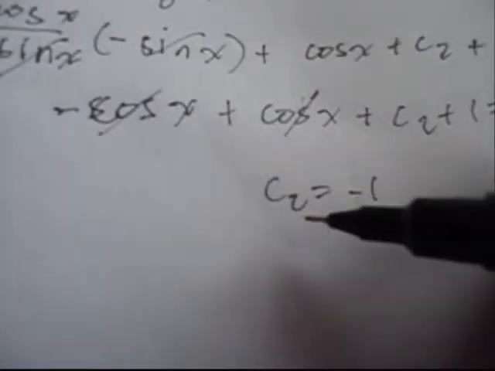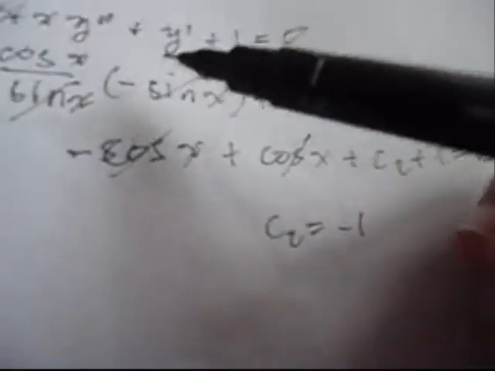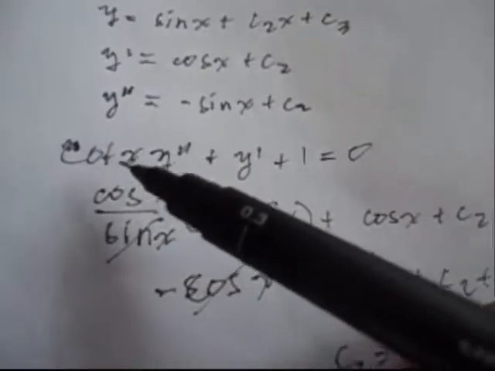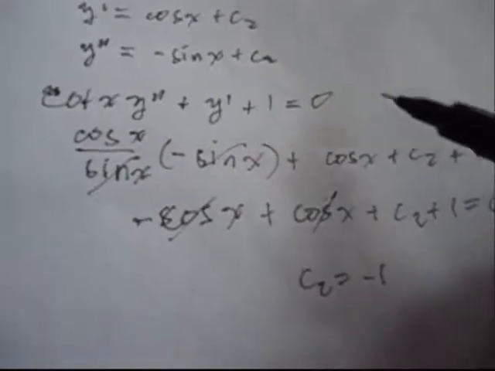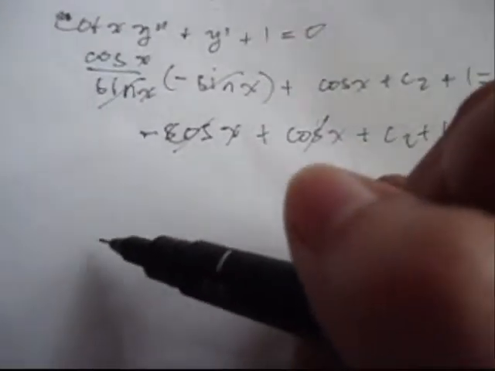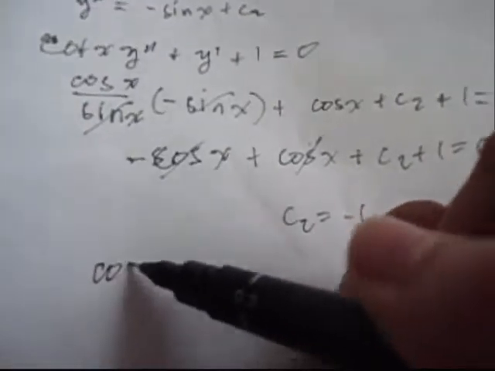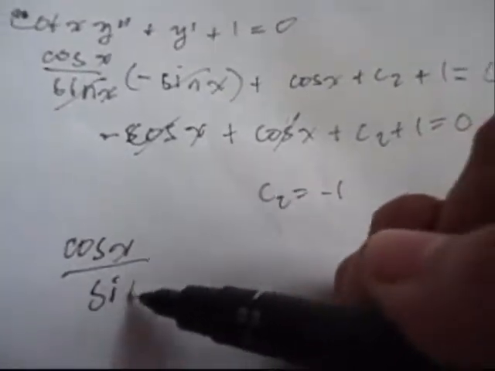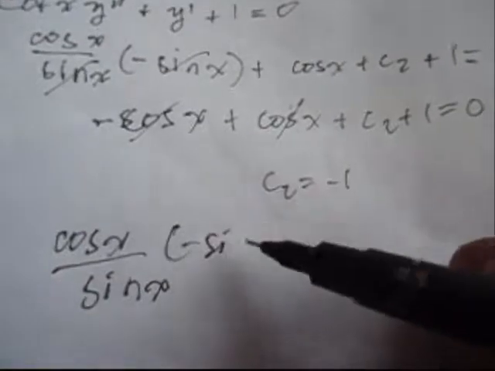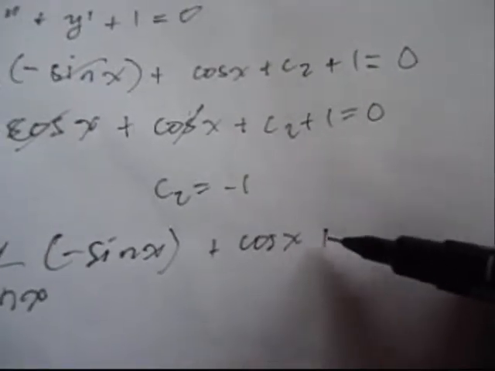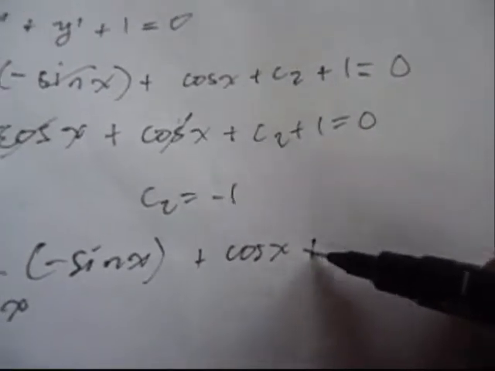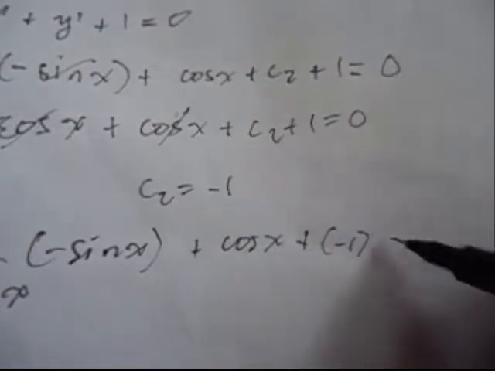Then since we got c2, we need to substitute it back to our original equation, cotangent x times second derivative of y plus first derivative of y plus 1, to see if it really holds true. So we have cosine x over sine x times negative sine x plus cosine x plus c2, which is negative 1, plus 1 is equal to 0.